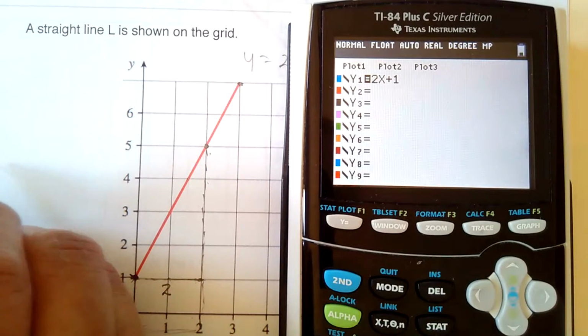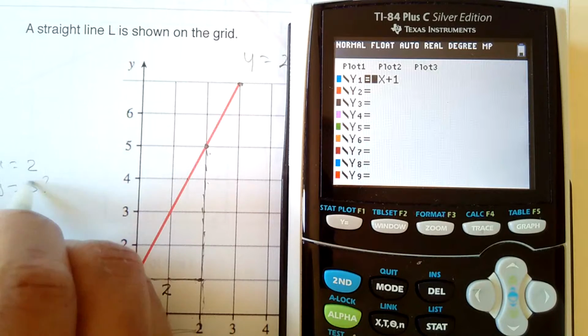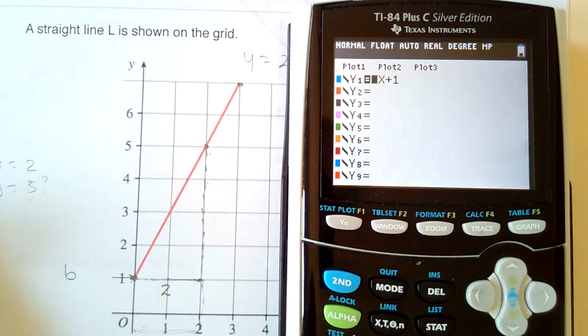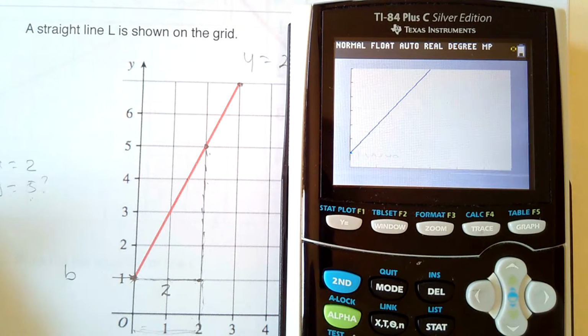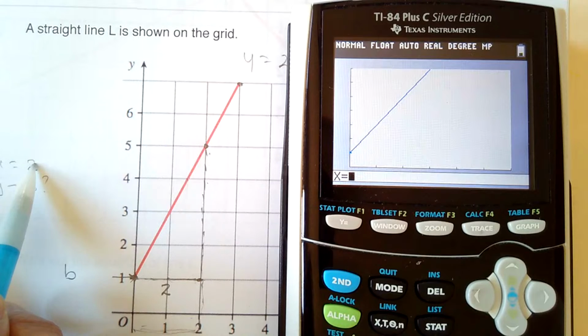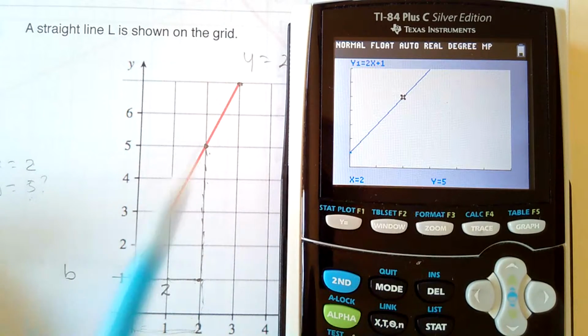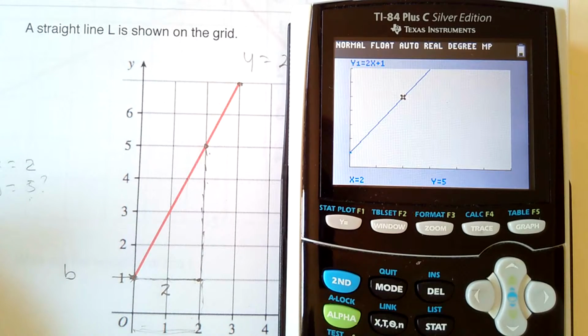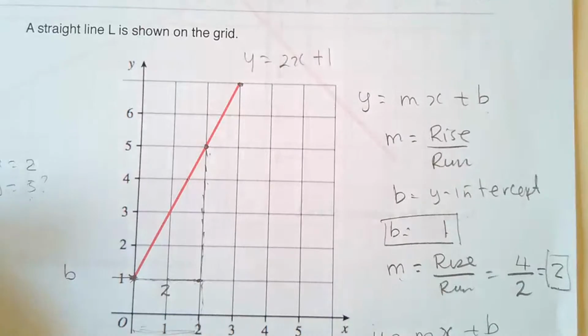So x is equal to 2, is y 5? Let's see what our calculator gives us. So remember what we do. We press second trace, value. X equals 2. And y is 5. So this matches up to our equation. This is one way of verifying your equation with your graphing calculator.